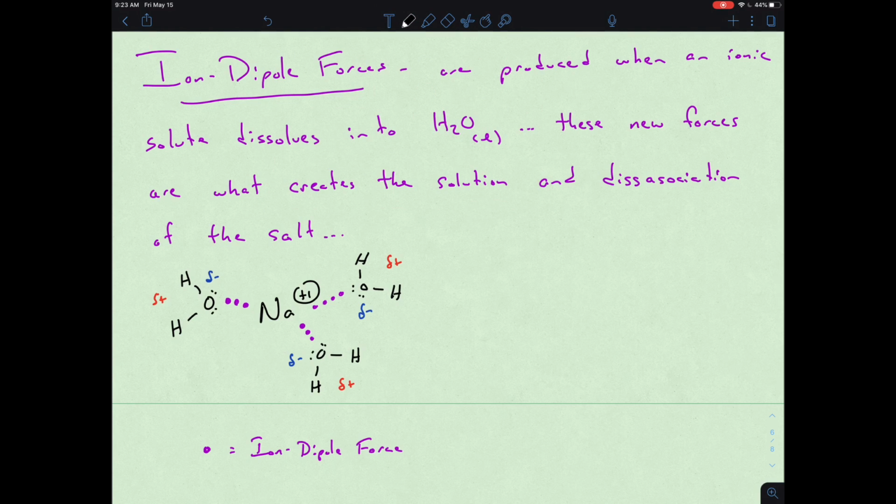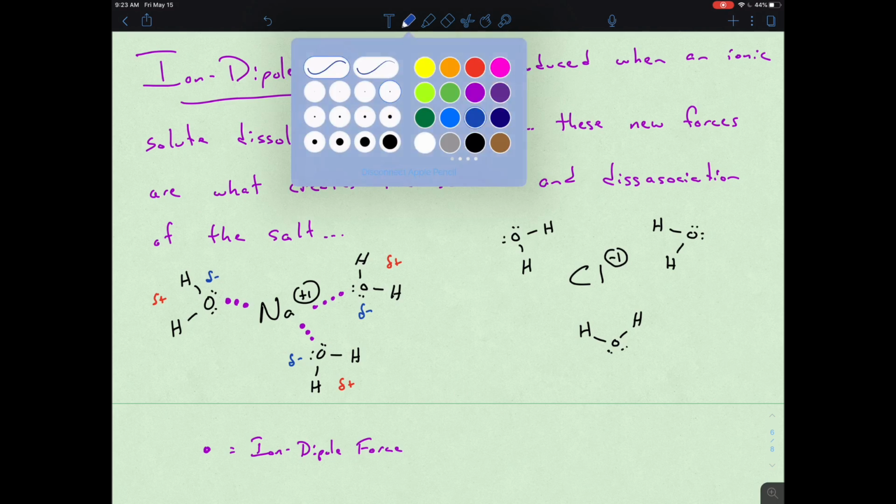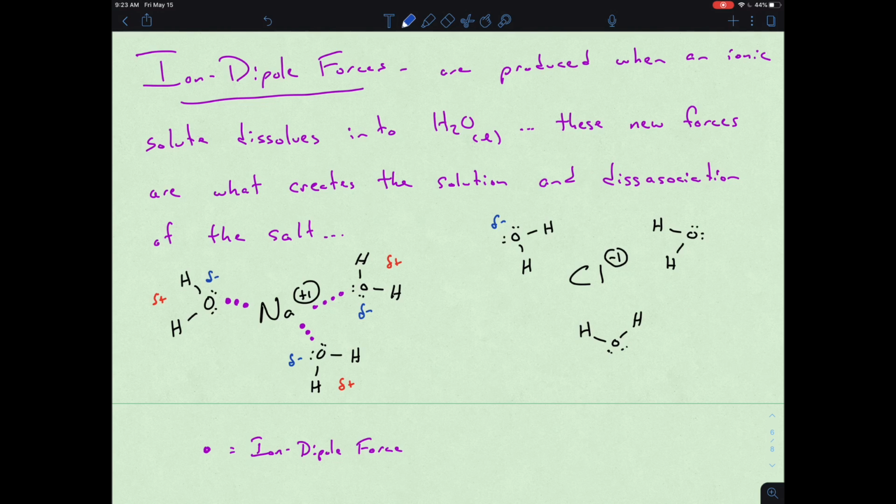And we can do the same thing with the chloride, which is negative. Now we can organize our water molecules with their dipoles a little bit differently, with now not the delta minus end, but really the delta plus end pointing into the chloride.